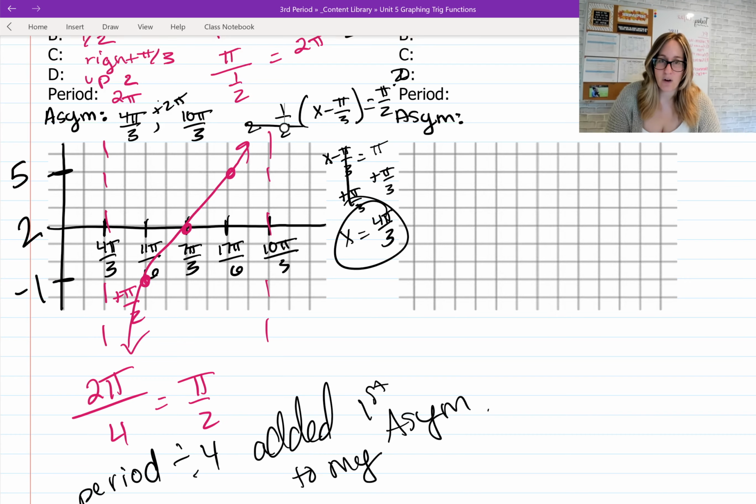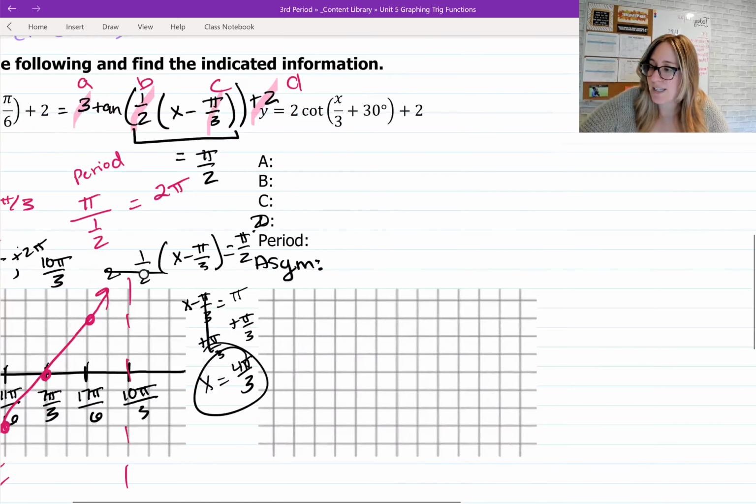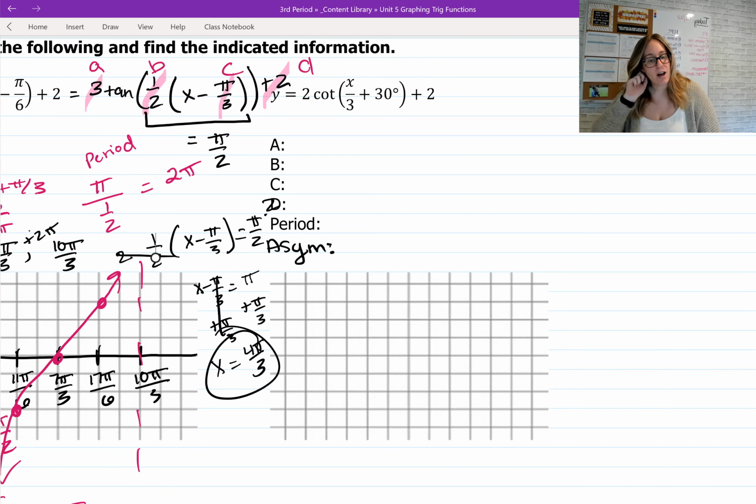Okay, quickly, much quicker than I just did that last one, because we are at the 30-minute mark for this video, I'm going to do the cotangent one right now. Again, first thing, I have to pull my b value out.